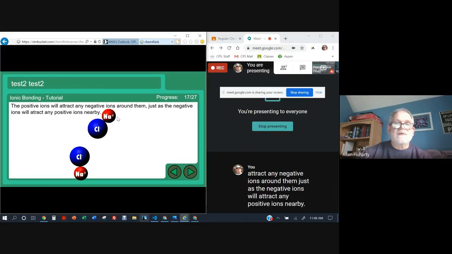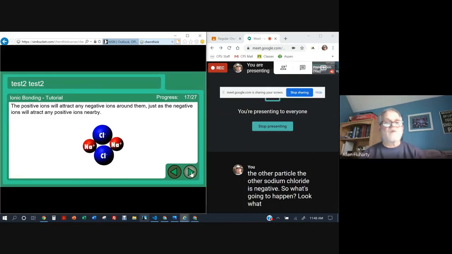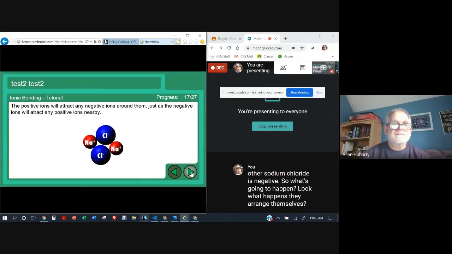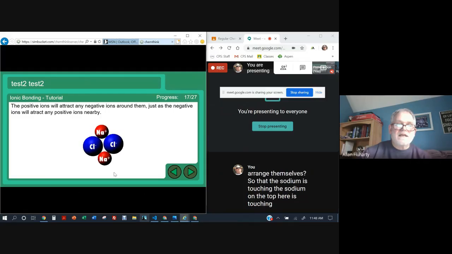So this sodium up here is still positive, and this chlorine on the other particle, the other sodium chloride, is negative. So what's going to happen? Look what happens. They arrange themselves so that the sodium on the top here is touching two chlorides, and the sodium on the bottom is touching the opposite sides of the chlorides.